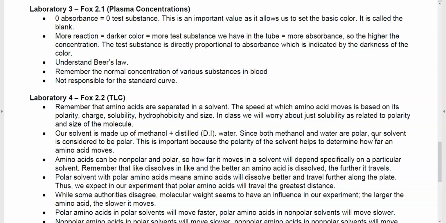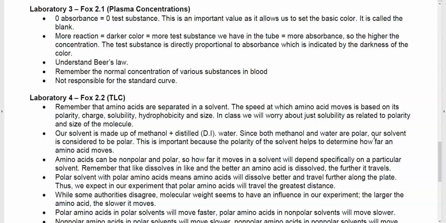So you should be able to calculate Beer's law, and then when you get the answer, you should be able to interpret that. You should know the normal concentrations of various substances in the blood. And how do you know that? Well, there's a little box in Fox that shows you what they are after each little set.